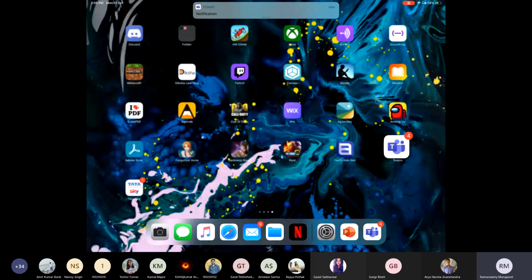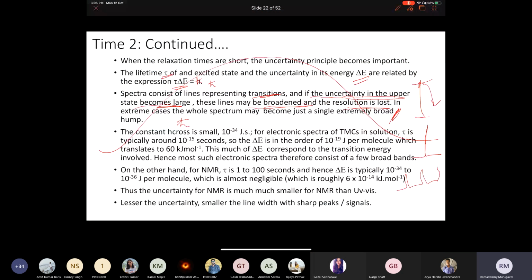So you know the value for h cross is 10 power minus 34 joule seconds. Now for electronic spectroscopy in solution, the tau is 10 power minus 15.